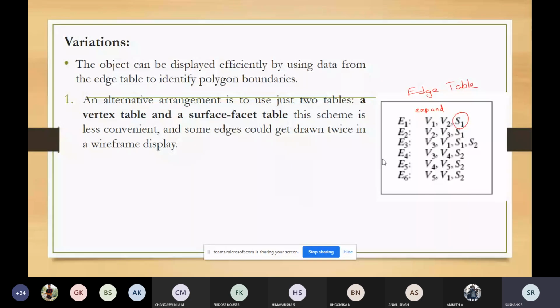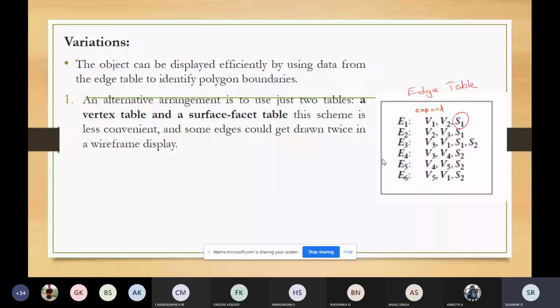And also, the vertex table can be expanded to reference the corresponding edges for faster information retrieval. This is how the modification can be made.